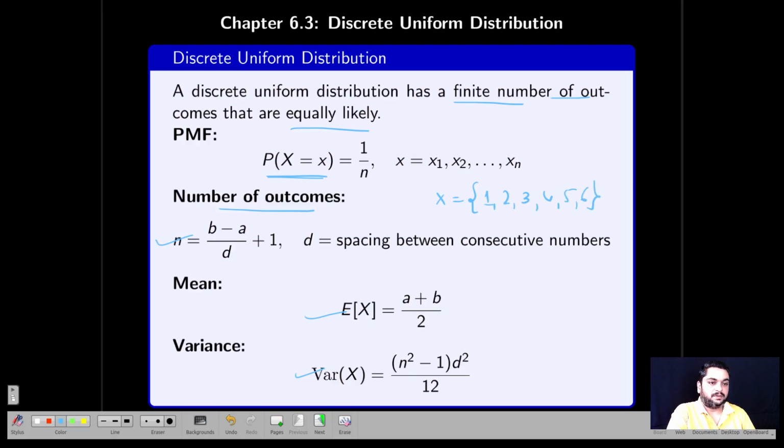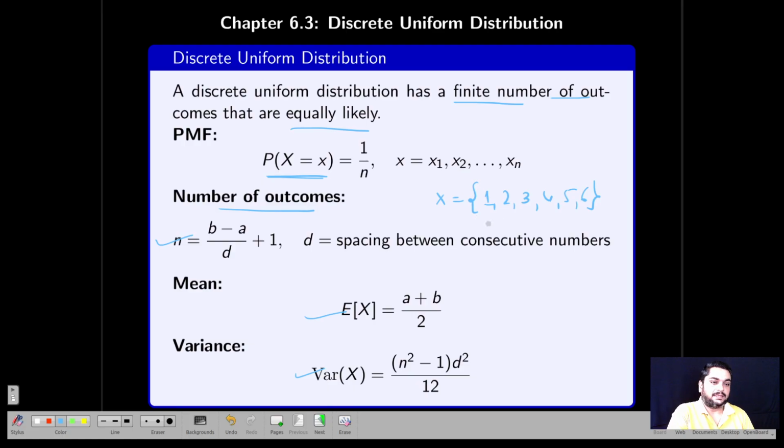What is the spacing between them? Spacing means the difference between these numbers. It is equal, 1. 2 minus 1 is 1, 3 minus 2 is 1. So assuming that the difference is 1, spacing is the difference between two consecutive numbers. That is 1, and they give the formula or the derivations.